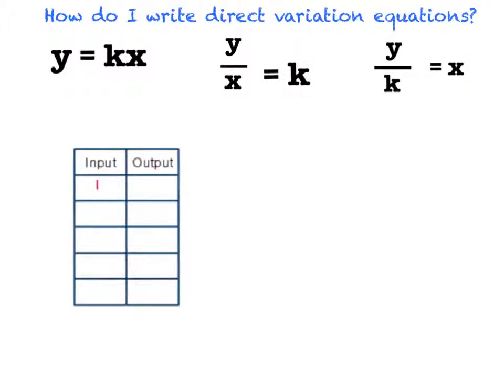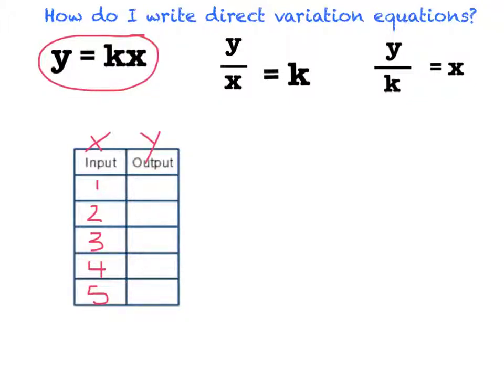Let's see what happens if I have 1, 2, 3, 4, 5. And we're going to take a look at the form y is equal to kx. Again, remember, in your input-output form, the input is the x and the output is the y.